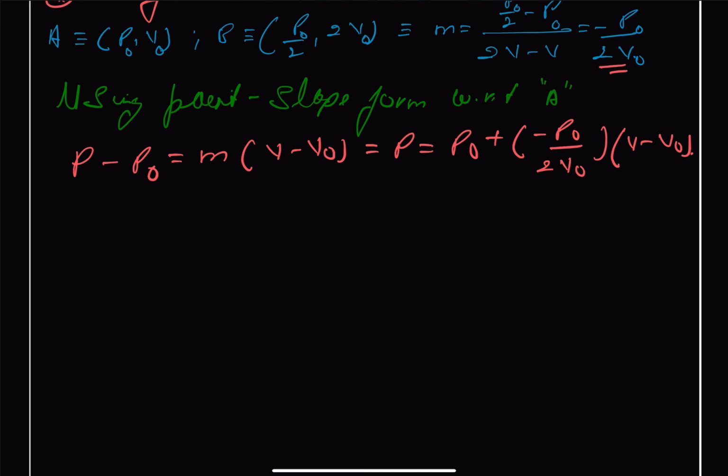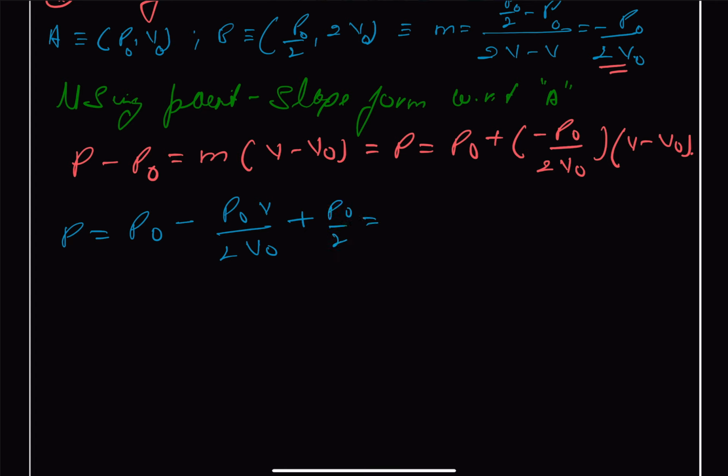So we can say from here that our P will be equal to P naught minus P naught V upon twice V naught plus P naught by 2.